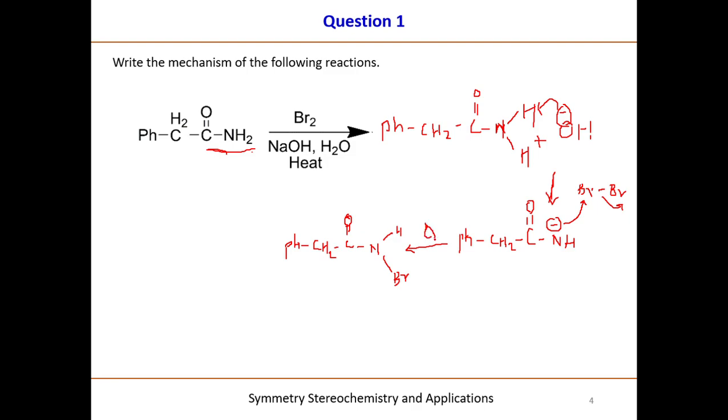Correct? Deprotonation will take place here.